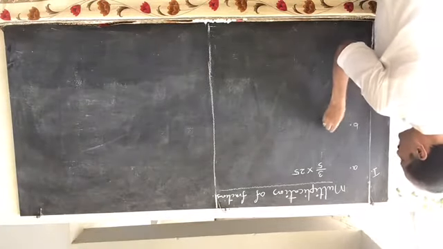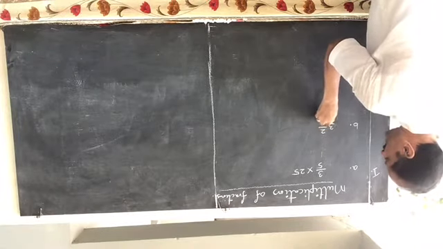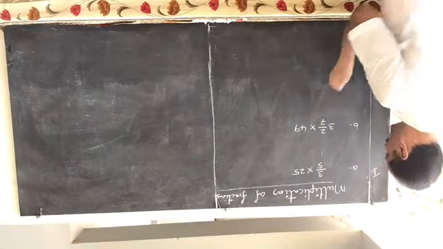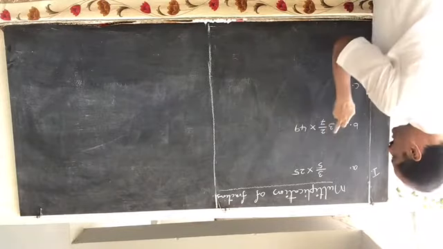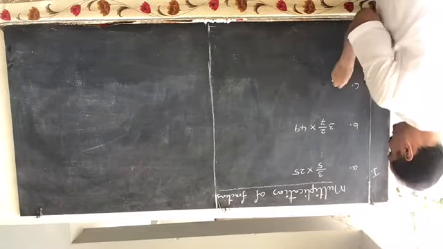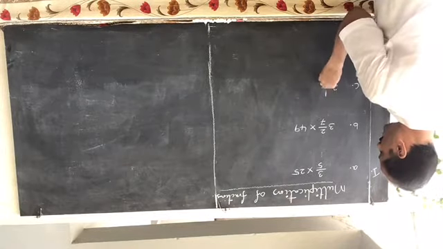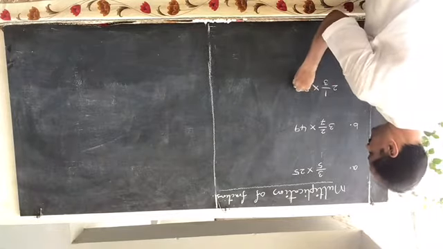Another one, 3 2 by 7 into 49. Check here carefully. And another one, a proper fraction and a mixed fraction, and how can you convert again? 2 1 by 3 into 27.